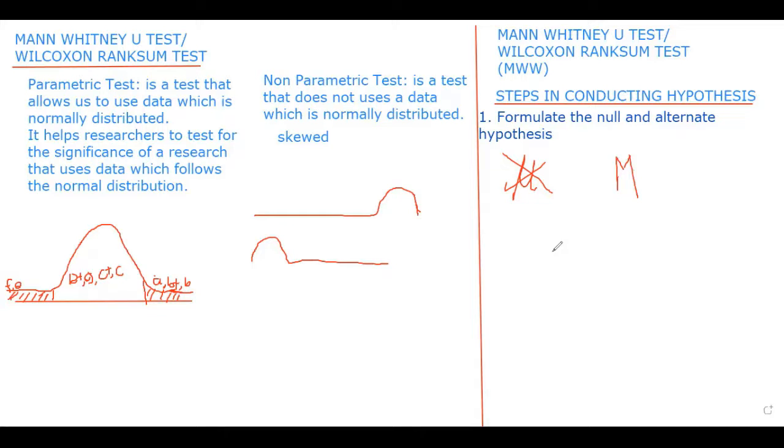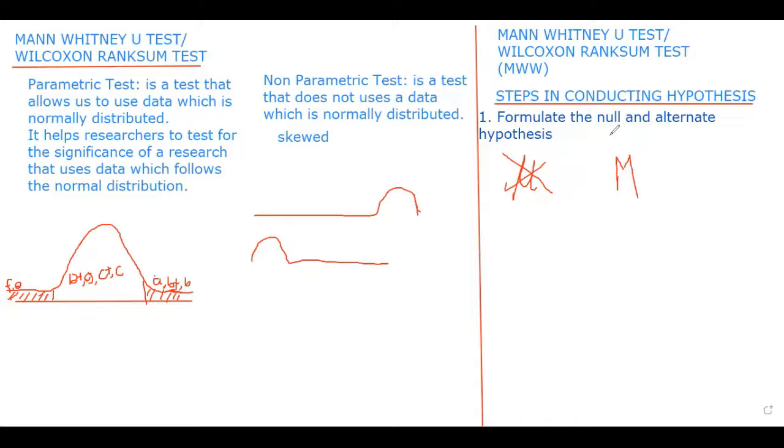Yes, please. If you are formulating a hypothesis, you shouldn't use H0 is such that this mu is so and so, greater than or equal to 0, greater than or equal to certain number or something. We don't use mu in formulating hypothesis for Mann-Whitney U test or Wilcoxon Ranksum test.